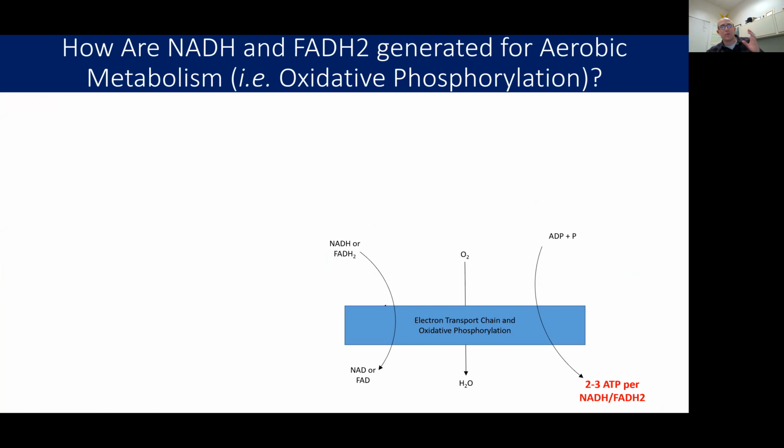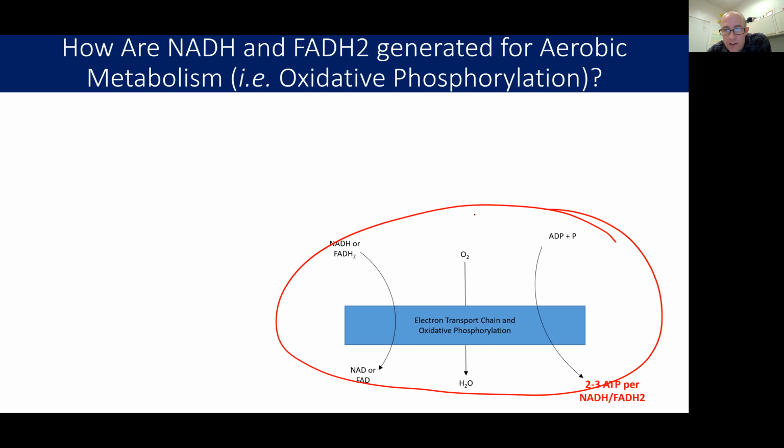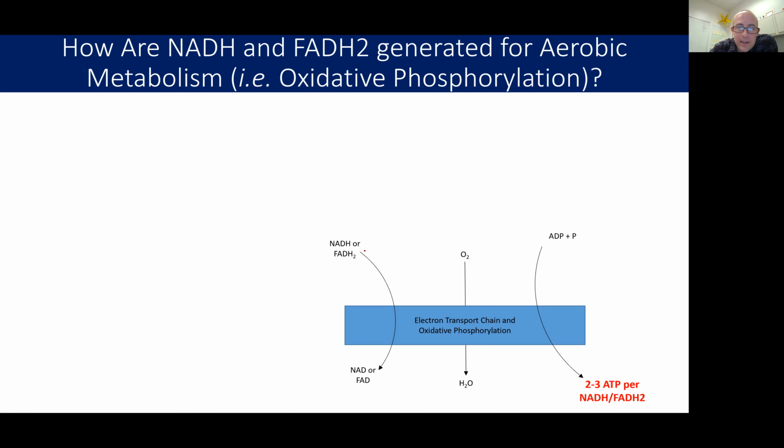So now the question is, where do NADH and FADH2 come from? This is where we see food come into play, like glucose, carbohydrates, fatty acids. So here I've drawn a very simplified diagram of the electron transport chain and oxidative phosphorylation. Remember, we have NADH or FADH2 going in, donating electrons, and coming out as NAD or FAD.